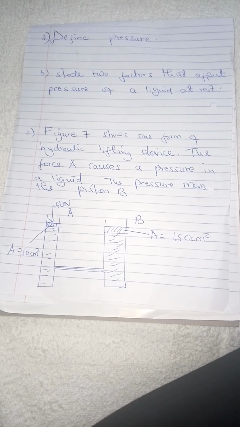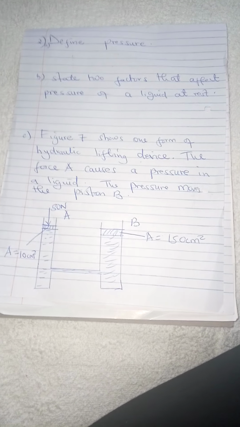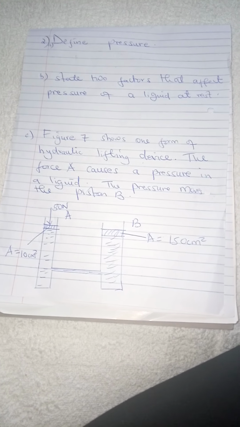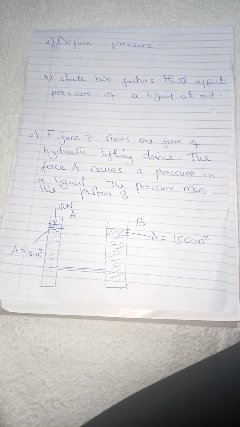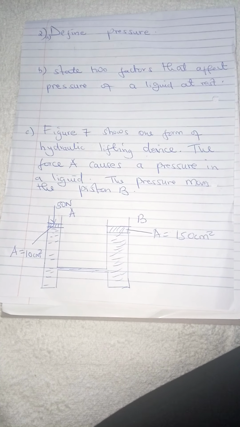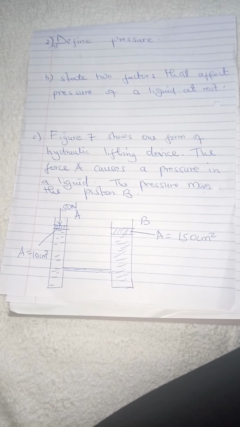So when it comes to the factors that affect pressure of a liquid at rest, one of the factors is the depth of the liquid, and apart from that, the density of that particular liquid. Density of the liquid and the depth of the liquid.